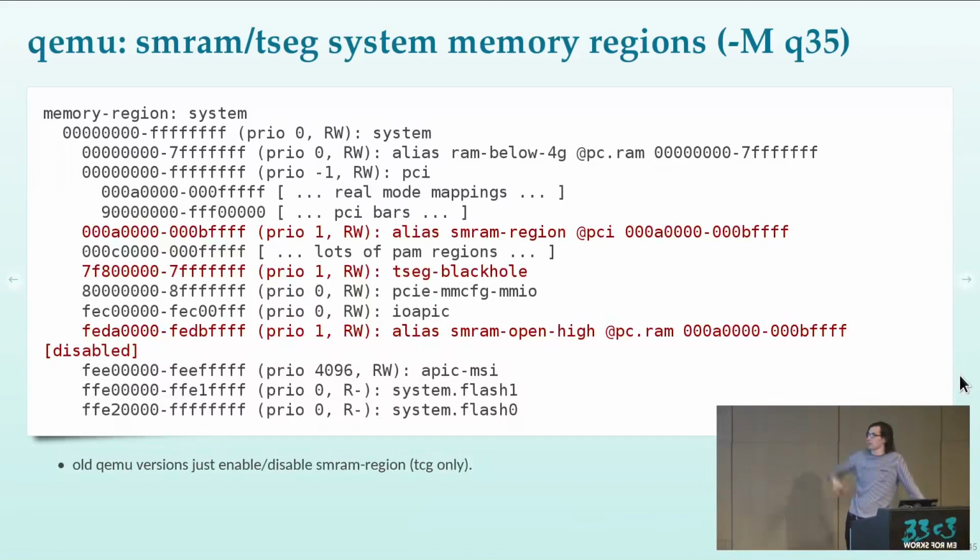And then we have the area for message signaled interrupts, and finally two address areas for the flash, where flash 1 is where the variables are living, and flash 0 is where the code is living. We'll come to that later in detail.